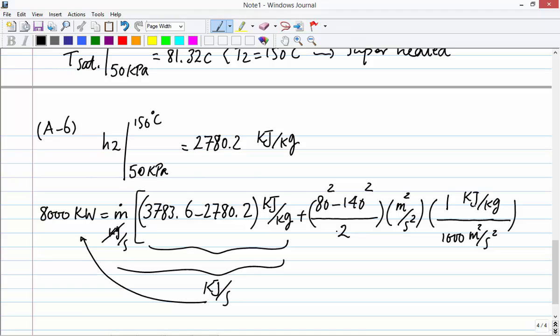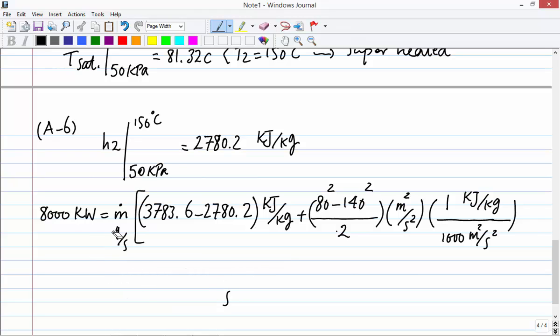If you go down to the fundamentals of the units, you can cancel out everything and end up with this unit. I mean conversion. Now everything matches. Kilojoule per kilogram. Kilojoule per kilogram. Therefore, all is fine. That m dot is 8.029 kilogram per second.